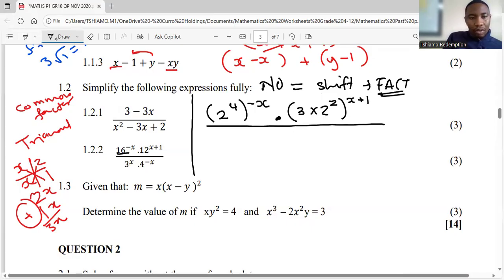Over, what about the 3? 3 stays the same. It's already a prime base. And then what about the 4? 4 becomes the 2 squared, x minus x. So first step, you get a mark for changing all your numbers to prime bases.